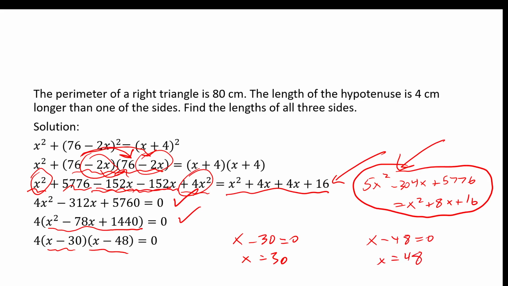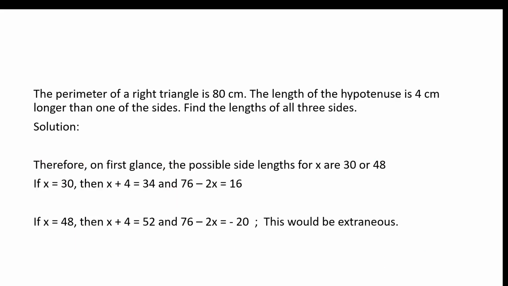And on first glance, both of those seem like legitimate answers. Okay, the possible side lengths for x are 30 or 48. Now, let's think about it. Suppose x is 30. Remember what our triangle looked like a while ago.